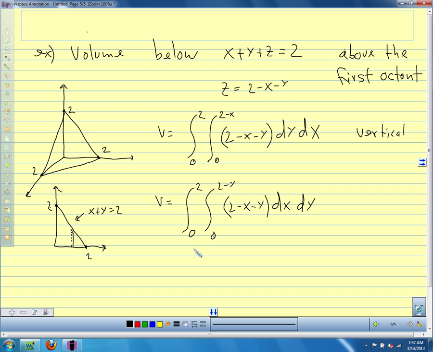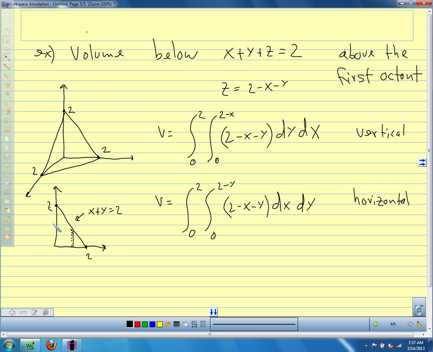Either one of these is not too bad to evaluate. We just have polynomials here. We could choose to evaluate either one. Questions on how we set that one up? Again, defining our region in the xy plane is often a challenge.